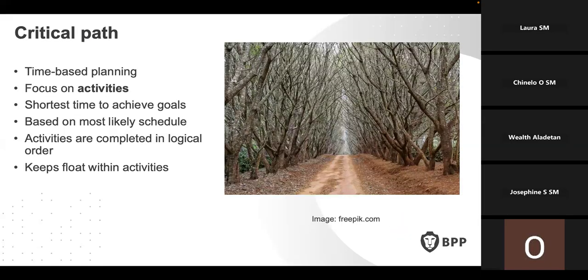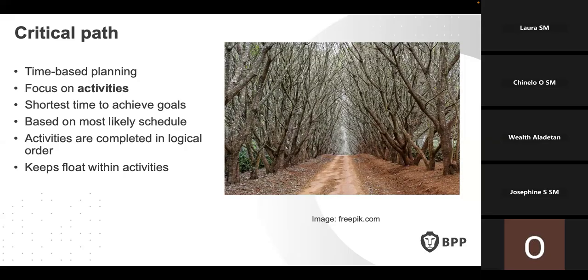For critical path, we're talking about methodology now. It is time-based planning. When you say, what is the critical path for a particular project? It's time-based planning that is focused on activities. For critical path, you are focused on activities.